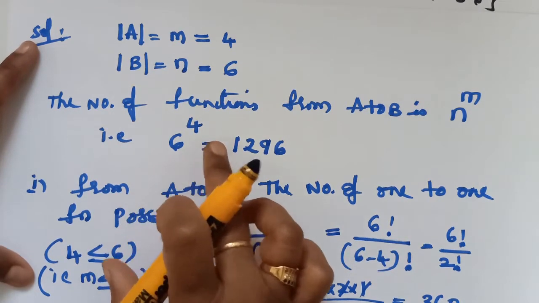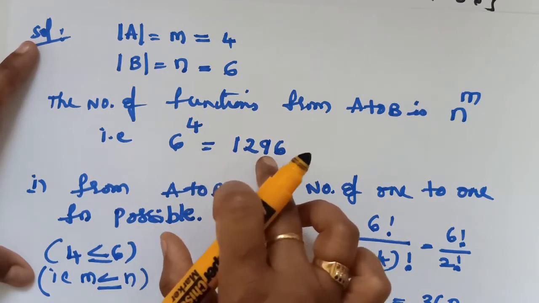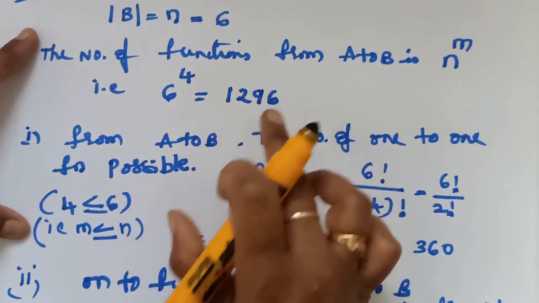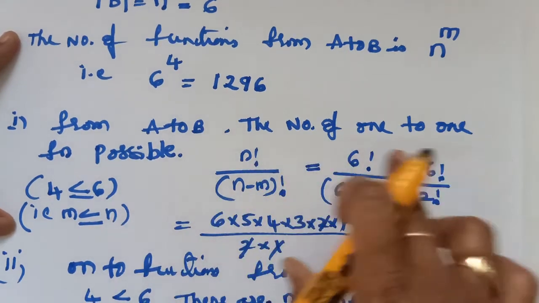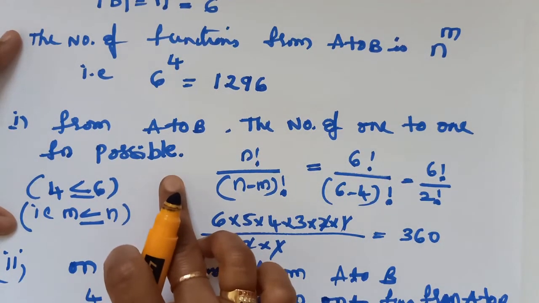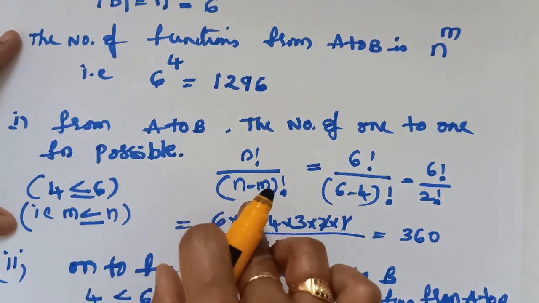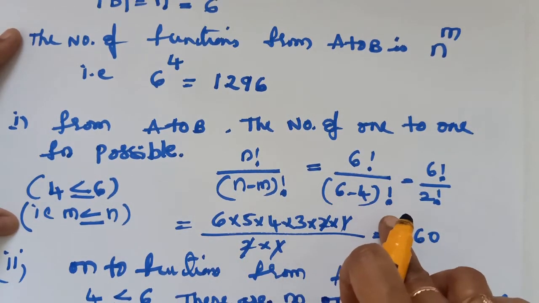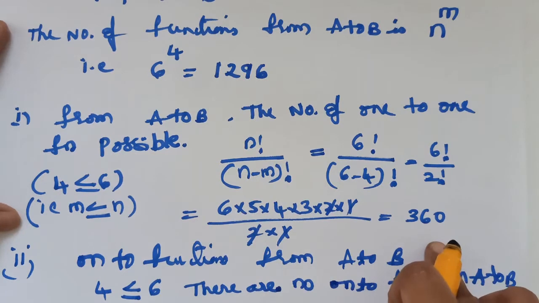Therefore 6 power 4 is 1296. The number of 1-to-1 functions possible is n factorial by n minus m factorial, that is 6 factorial by 6 minus 4 factorial, which is 360.